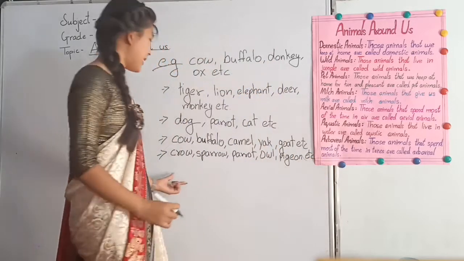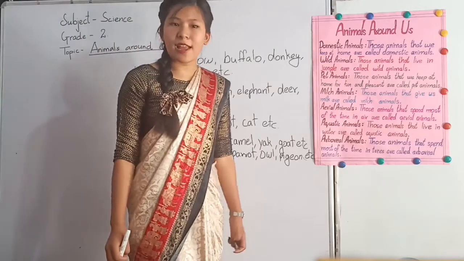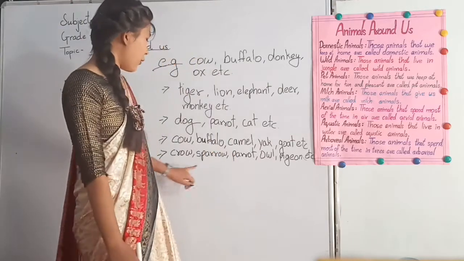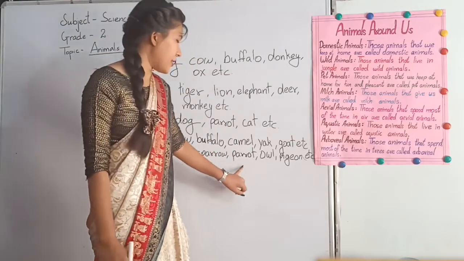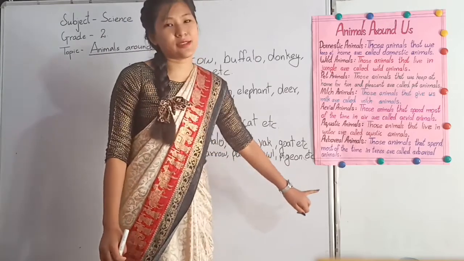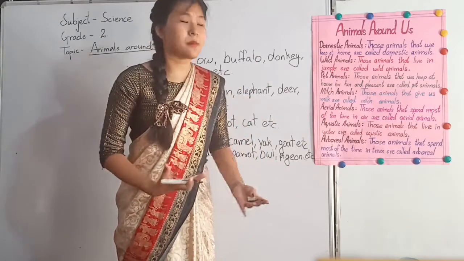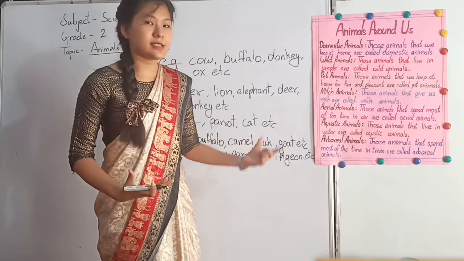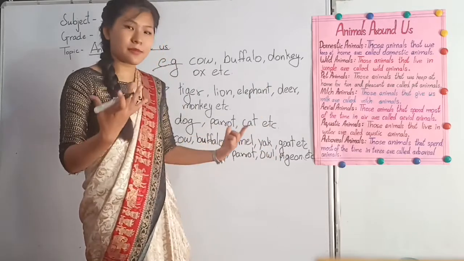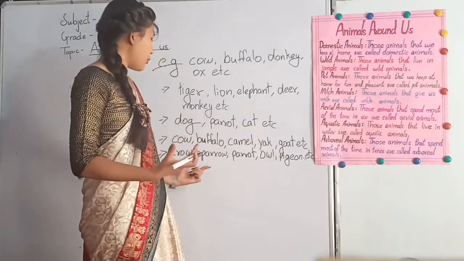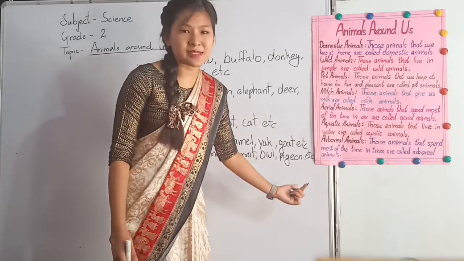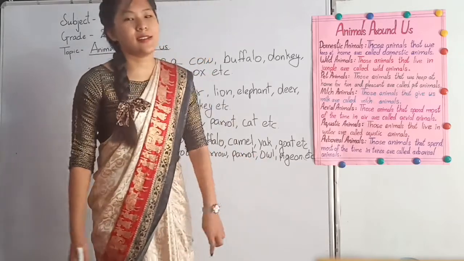These are the examples of aerial animals. Crow, sparrow, parrot, owl, pigeon, etc. There are many more examples of aerial animals, but some of them are crow, sparrow, parrot, owl, pigeon.